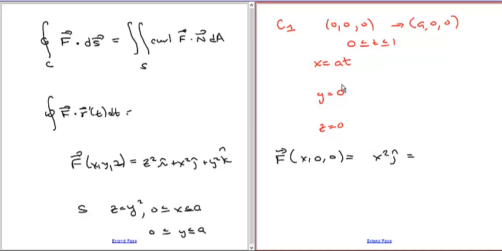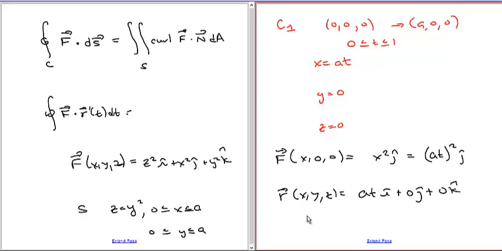What we do is we plug in at, so it's (at) squared j. So that's the field vector in terms of the parameter t. The position vector, as a function of x, y, and z, is just going to be at i plus 0j plus 0k, and the derivative of this with respect to t is just a i.